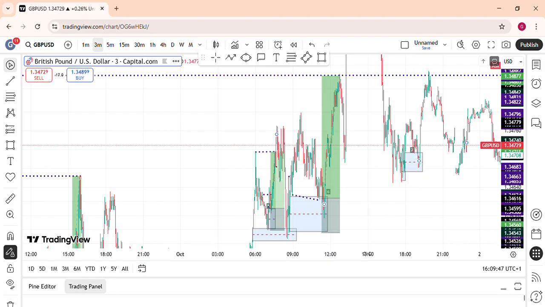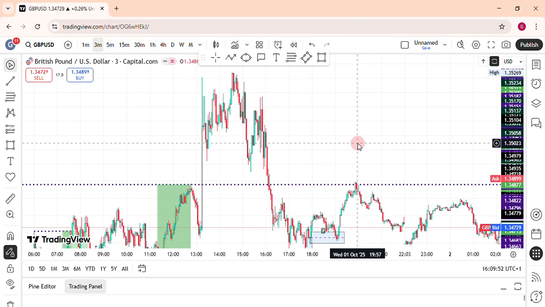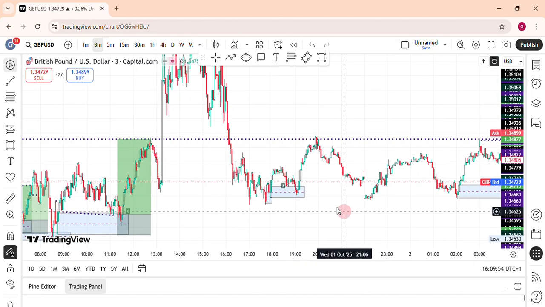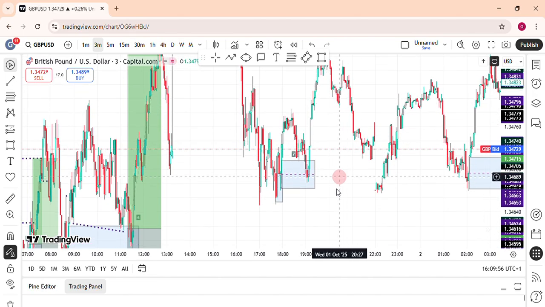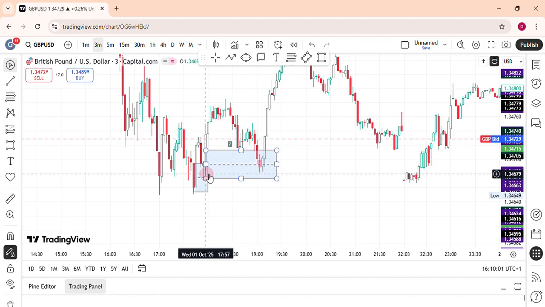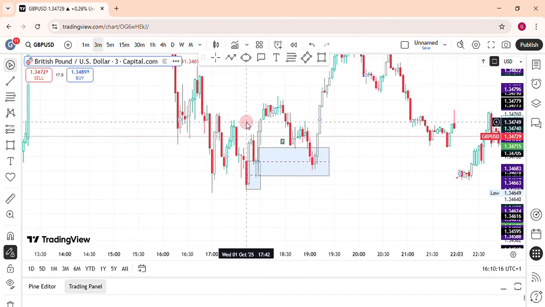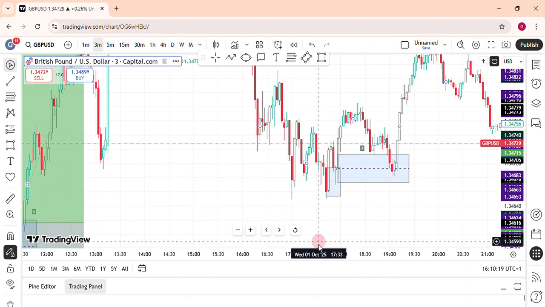Next in line is our trade number 7, and our trade number 7 is right around the corner here. So our trade number 7 goes like this, a bullish trade by the way.